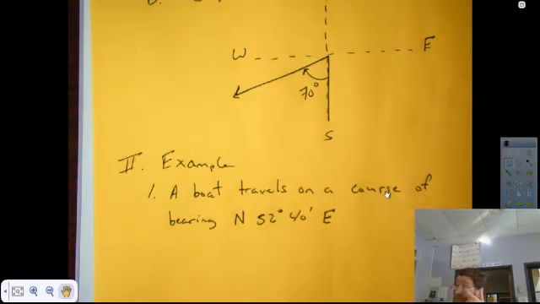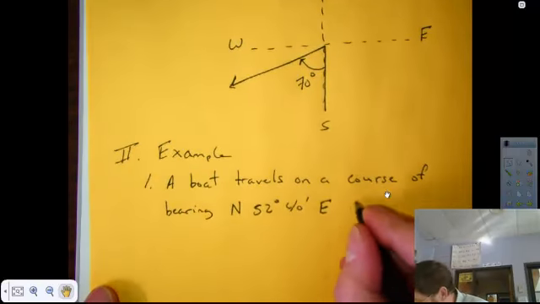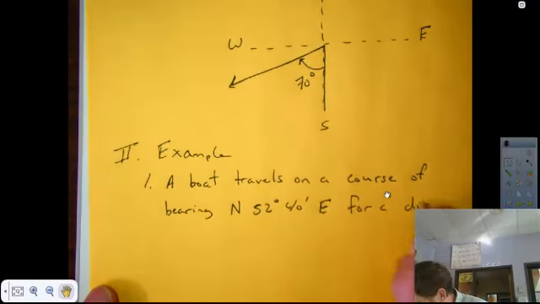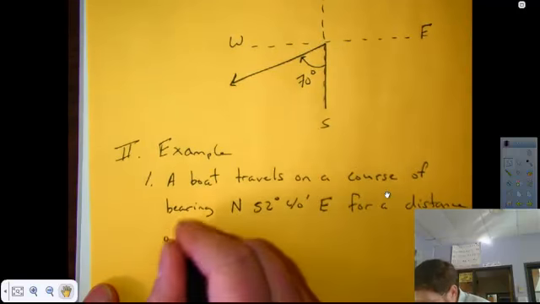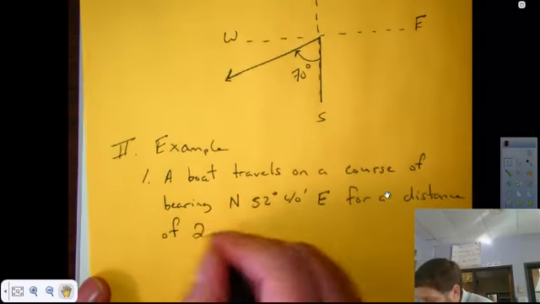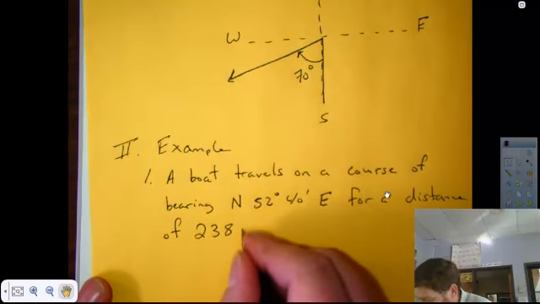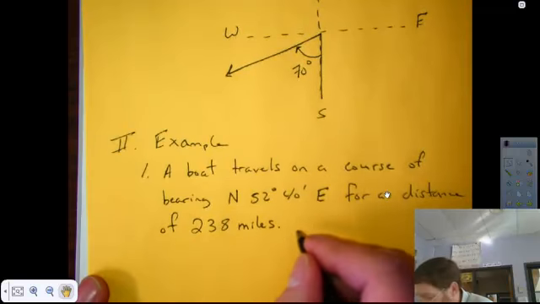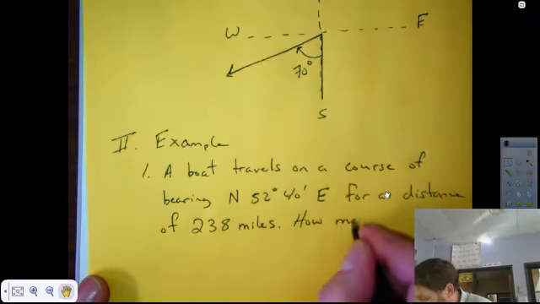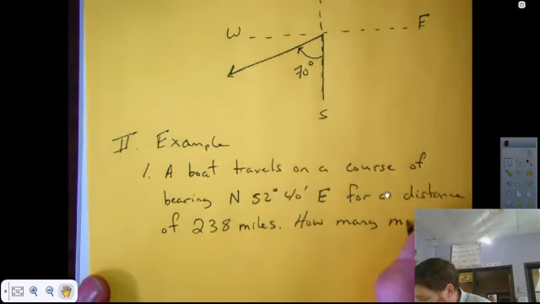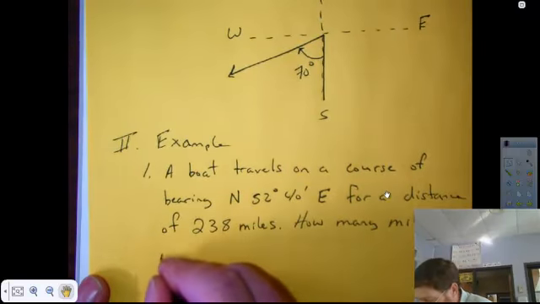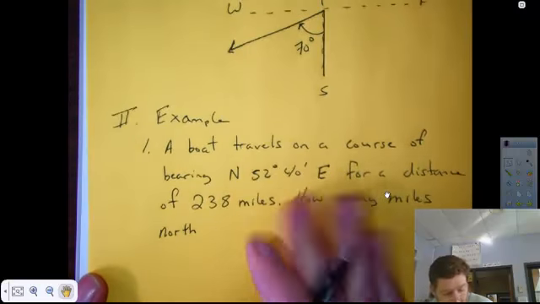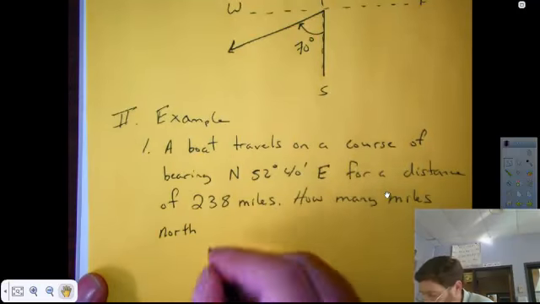That's partly why we have to throw in the minutes. How many miles north, and how many miles east has the boat traveled?